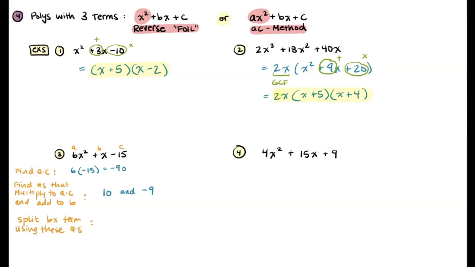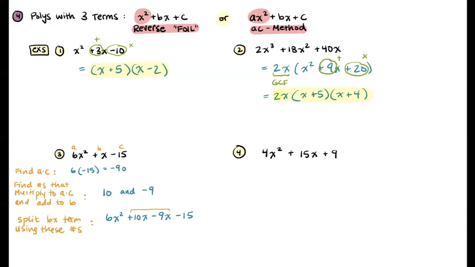What that's going to look like is 6x squared plus 10x minus 9x and then minus 15. This is the b term, the 1x that we're splitting up using 10 and -9. Now what we've done is create something that's got 4 terms in it.